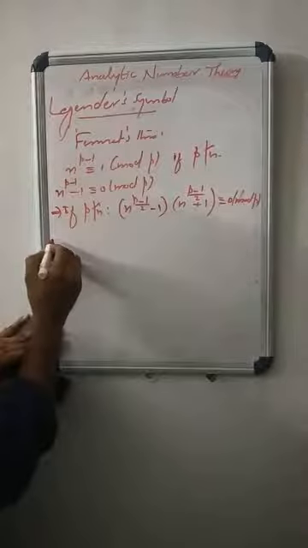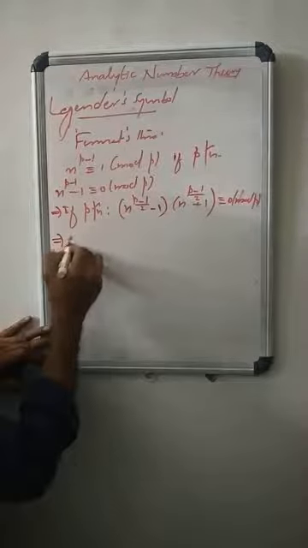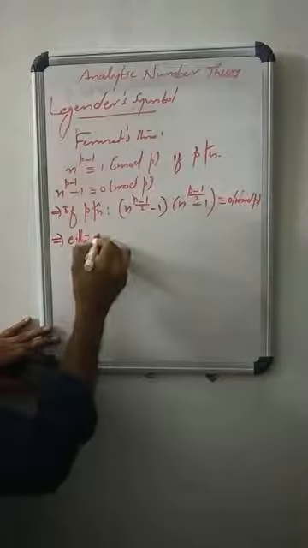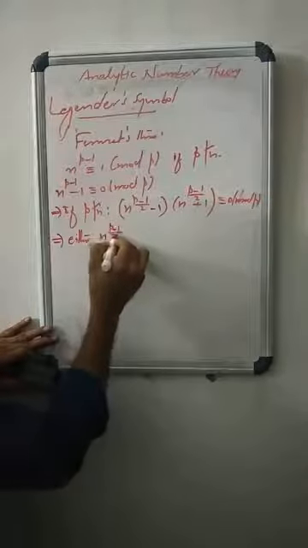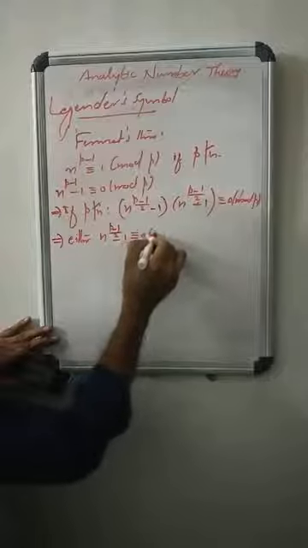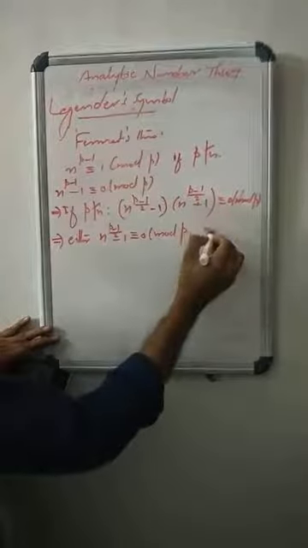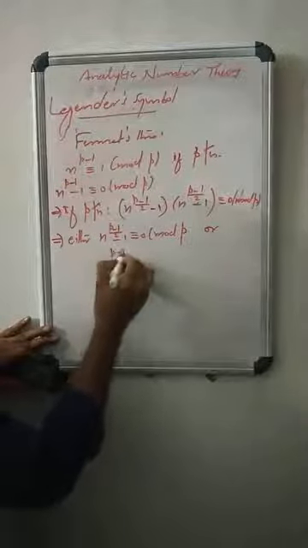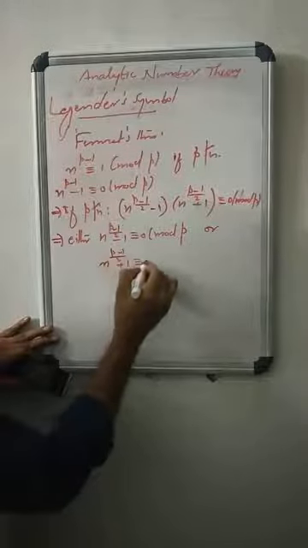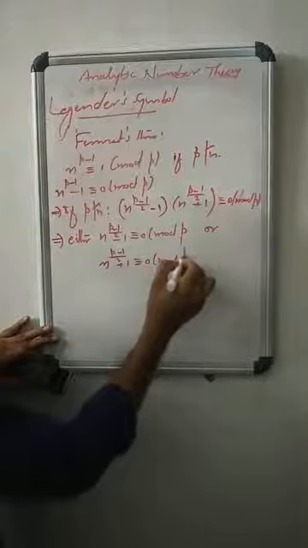That means either n^((p-1)/2) − 1 ≡ 0 mod p, or n^((p-1)/2) + 1 ≡ 0 mod p.